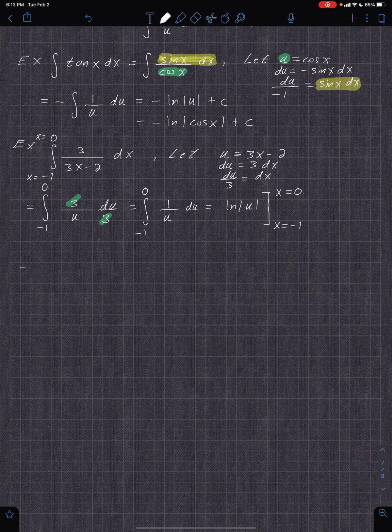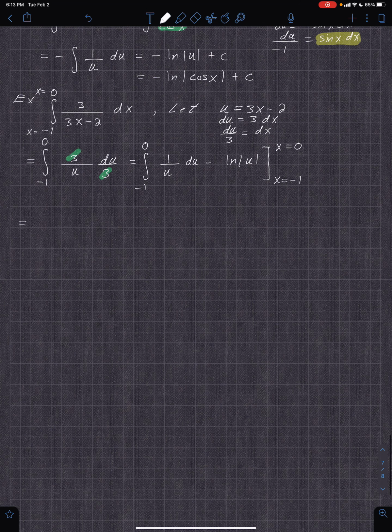So we're going to put the u back. So u, what was u? Oh yeah, 3x minus 2. So that's going to be ln absolute value of 3x minus 2. And then we're going to evaluate from -1 to 0. And then the variables match, so we're good there. Don't have to indicate what they are now.